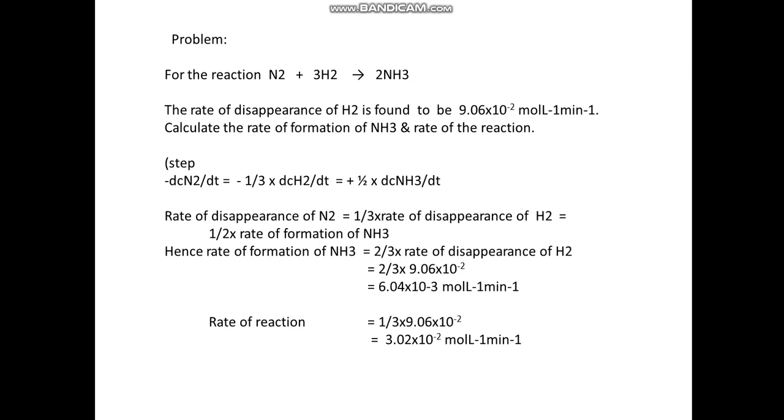That is 1 by 3 into 9.06 into 10 raised to minus 2, which is equal to 3.02 into 10 raised to minus 2 moles liter inverse minute inverse. These are the typical examples. I hope that you have understood the concept.